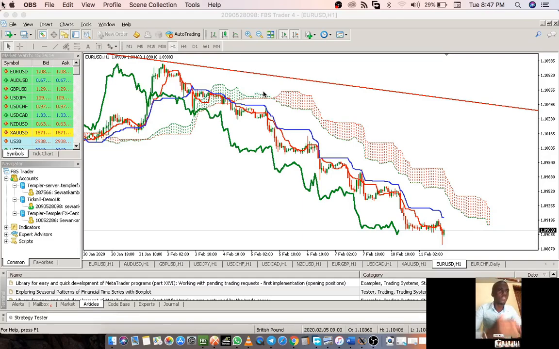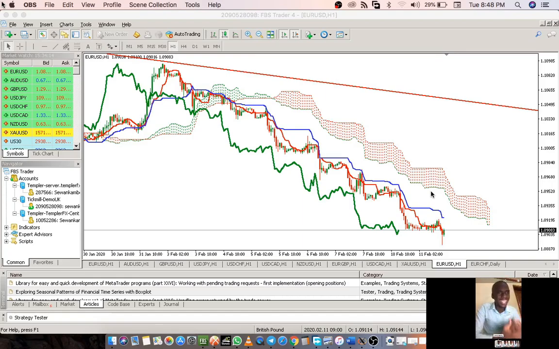So one of the advantages of the Ichimoku is to show us the support and resistance in the market. When the market is moving down, the cloud, or Kumo, will be above and working as the resistance, just the way we see it in our video. And if the market is moving up, the cloud will be working as the support.